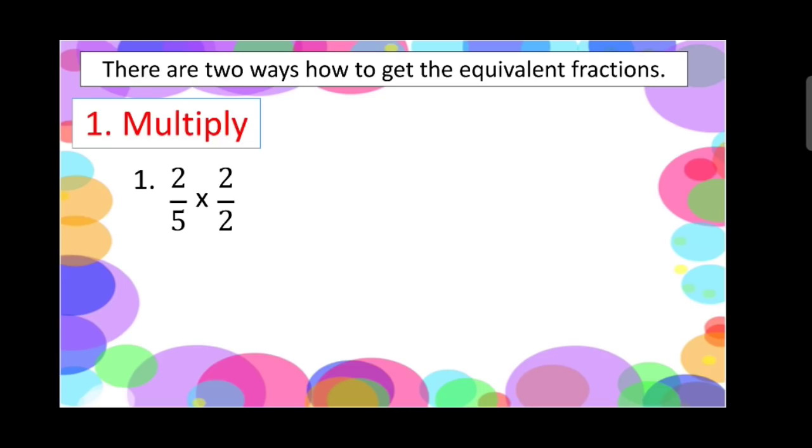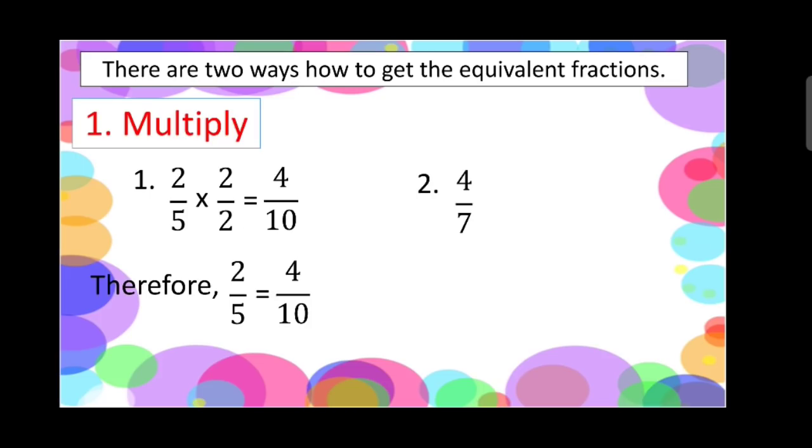Ibig sabihin lang, kung ano ang ginawa nyo sa numerator, gagawin nyo rin sa denominator. So, 2 times 2 is equal to 4. Then, 5 times 2 is equal to 10. So, therefore, the equivalent fraction of 2 over 5 is 4 over 10. So, 2 over 5 is equal to 4 over 10 because same sila ng value.